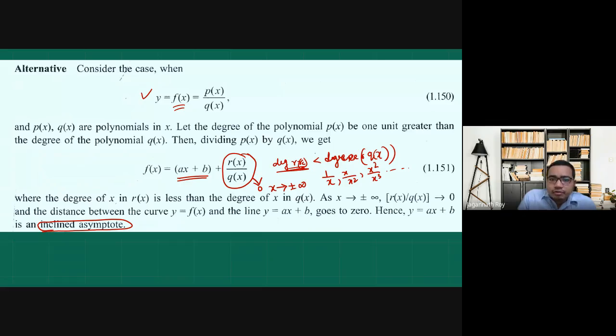So if we allow x tends to plus minus infinity, this term will go to 0, so that y equals ax plus b will be our desired inclined asymptote. Okay, this is one approach. Either we find the limit, or you can go for this approach also.